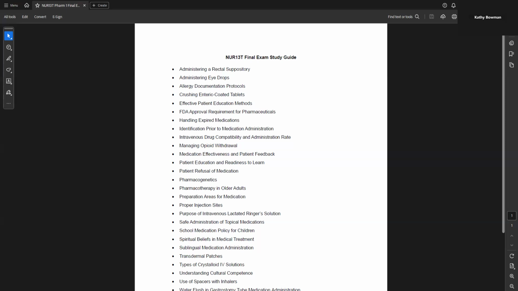If it's been used, you put it in the blue bin because it needs to be incinerated. A red bin is for biohazards, so blood, feces, all that stuff.